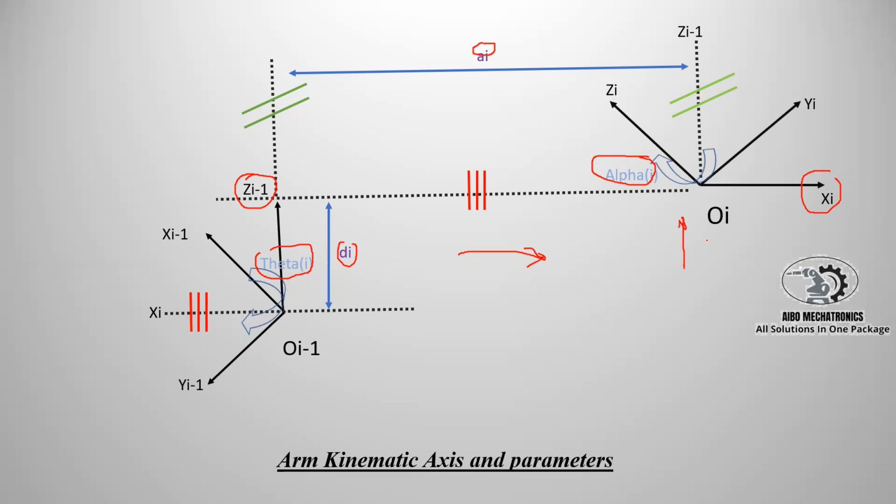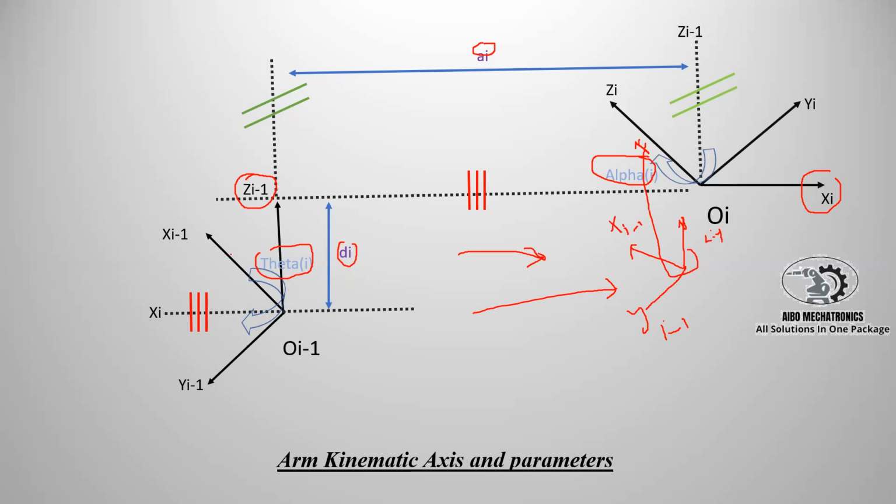This is Zi minus 1, and this is, for example, Yi minus 1, and this is Xi minus 1. We carry it to here. And if we rotate from Zi minus 1 to Zi, we can call it alpha i.